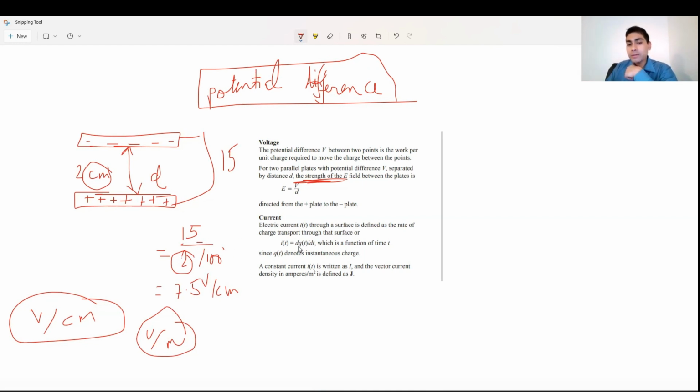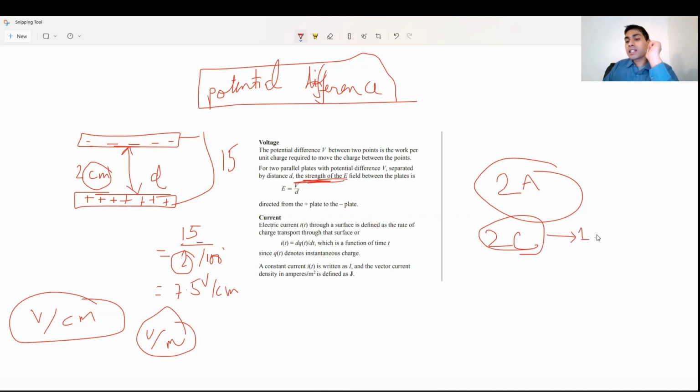So if I say my current is 2 amperes, what do I mean by that? What I mean is 2 coulombs of charge, not 2 electrons, 2 coulombs of charge is flowing every second.